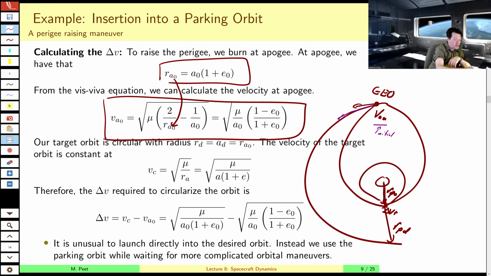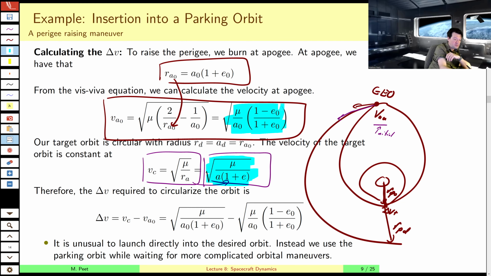So if you remember, one of the other formulas we gave was for velocity of a circular orbit. So now we just plug in the apoaps formula, because we're still at apoaps. We find the velocity we would need to be on a circular orbit at this point. So these are our two formulas here.